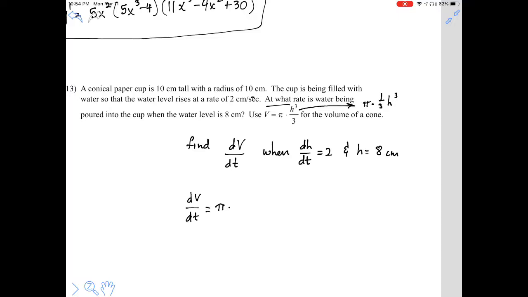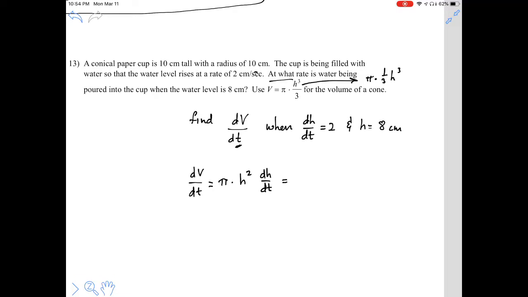Because when you take the derivative, the 3 and the 1/3 are going to multiply together, canceling out. So you've got h squared. And then this is where you need to remember related rates is implicit differentiation, because we're taking the derivative with respect to time of h. So since the variables don't match, we need a dh/dt.